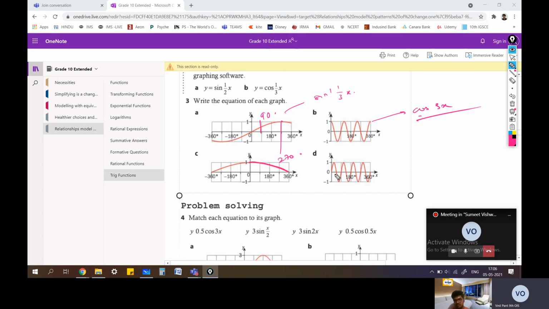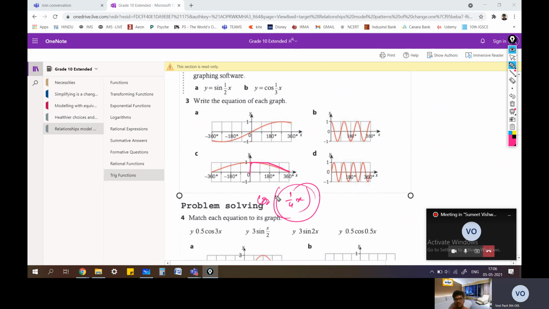D can be sine 4x. 1, 2, 3, 4. Yeah. Sine 4x. What about this? Tell me. This one is a cos. It's going to be cos 1 by 4. Wait, even more than that, right? Cos 1/4x.